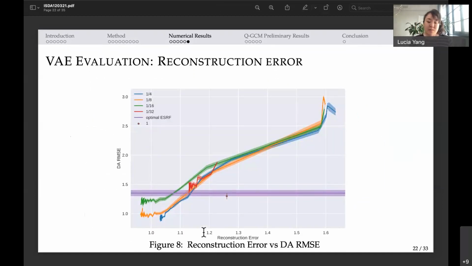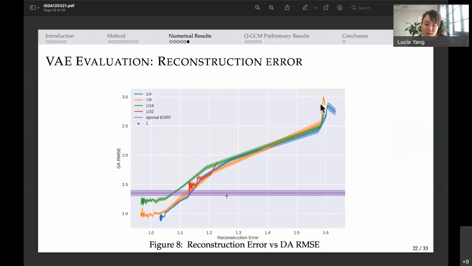We see that there is a relationship between the quality of your variational autoencoder strictly in the machine learning metric of the reconstruction error, which is how close the output is to your input, and how well our VAE does when measuring the data assimilation RMSE when using them to generate analogs to estimate our background covariance matrix.